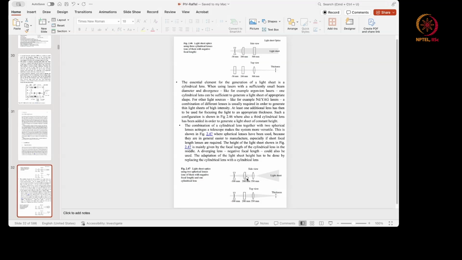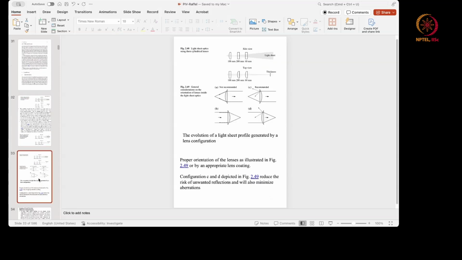A diverging lens, that is a negative focal length lens, could also be used in these cases to open up. This adaptation of the light sheet height can be, and has to be, done by replacing the cylindrical lens with another cylindrical lens. So this is how these things operate.